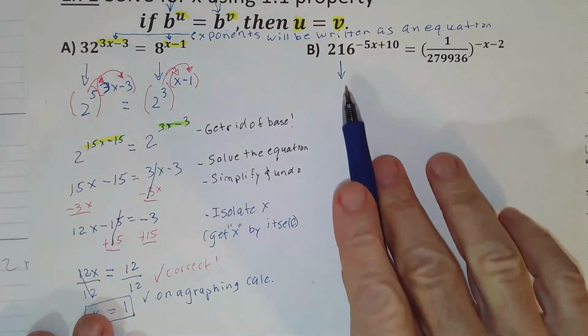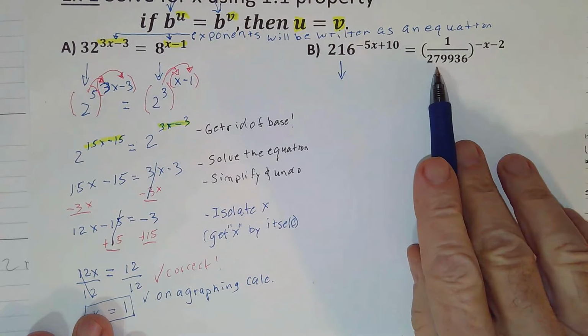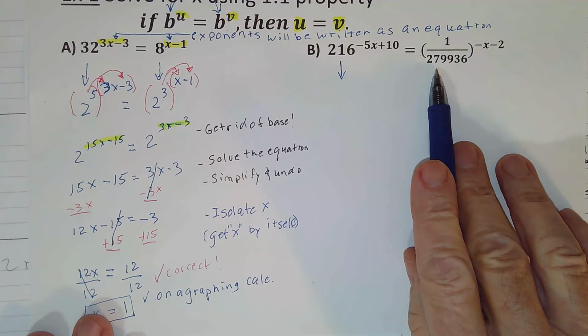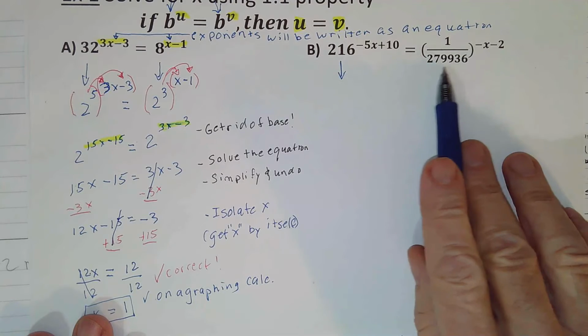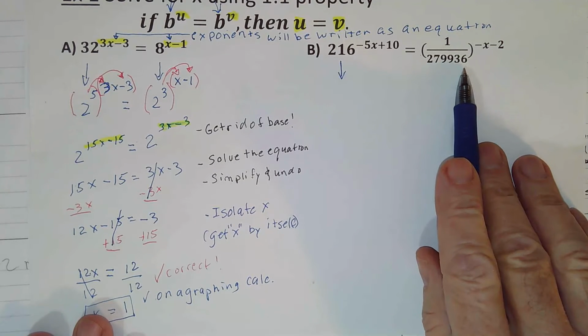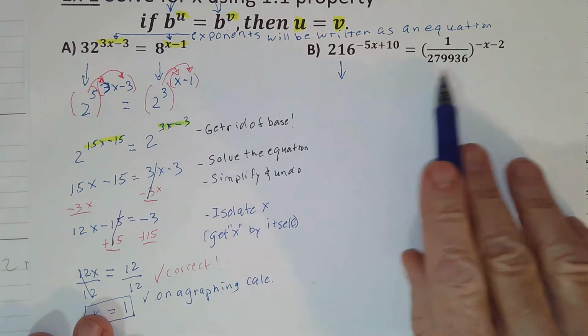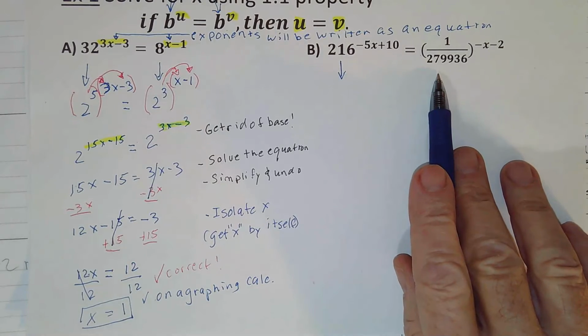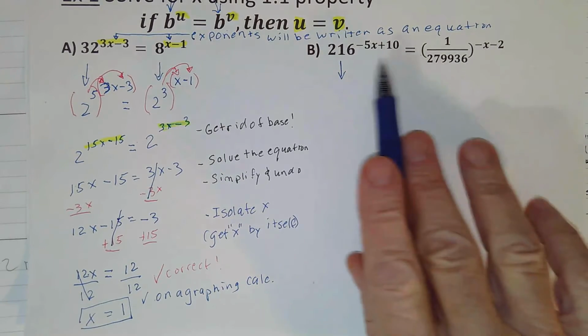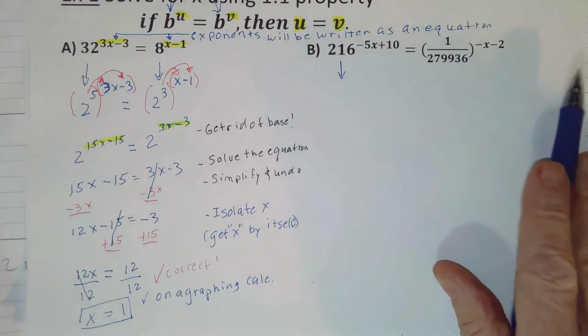Look at this. Here's 216. Here's 1 over 279,936. Good Lordy, what's the base here? Well, if you look at both of these numbers, both of them look like they are possibly divisible by 6.